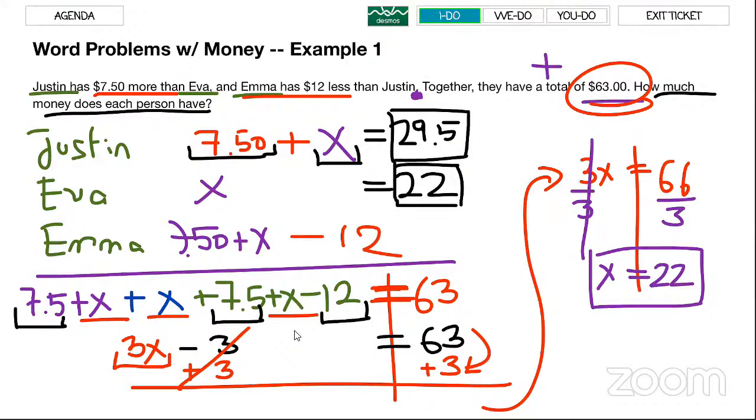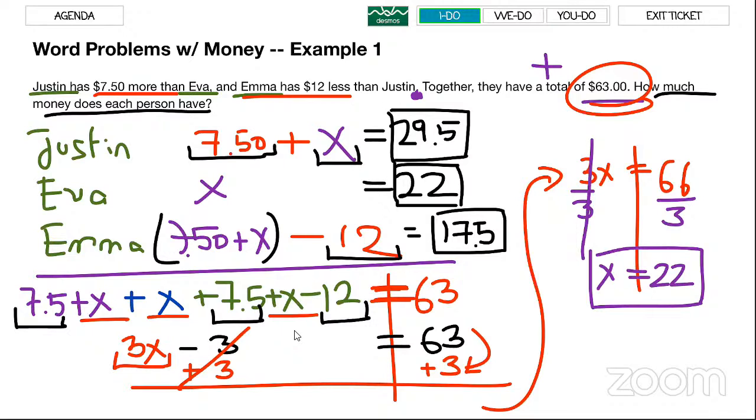If Justin has 29.5, you need to subtract 12, and that becomes the money that Emma has. So 29.5 minus 12 is 17.5. Okay, that's it.